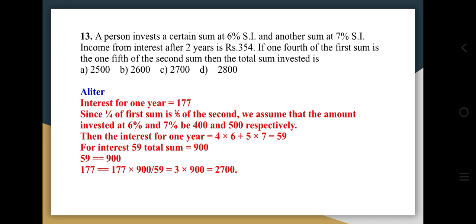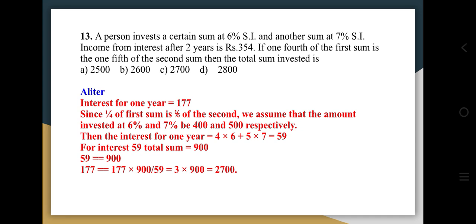That is 24 plus 35, which is 59. So if the total interest is 59, then the amount invested is 400 plus 500, that is 900. So the interest 59 corresponds to 900.